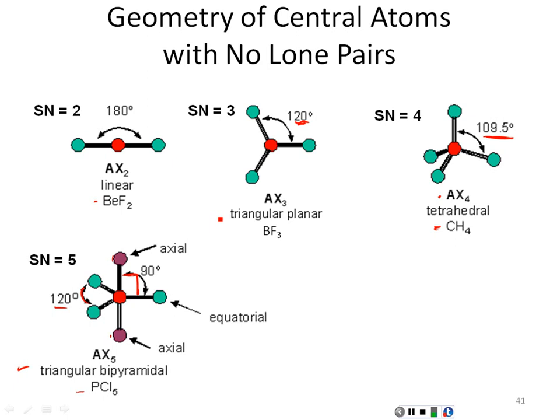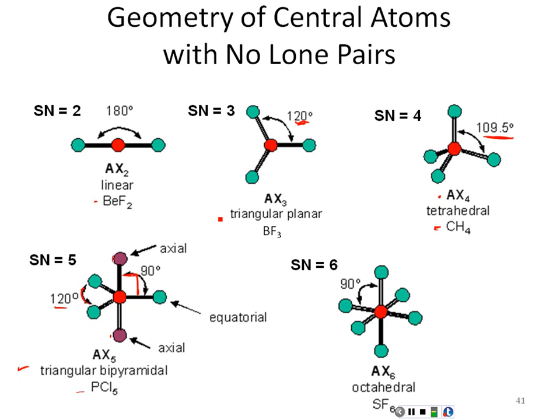So in this geometry, we have a trigonal planar geometry in the center, but then you have two axial atoms bonded above and below that trigonal planar center.